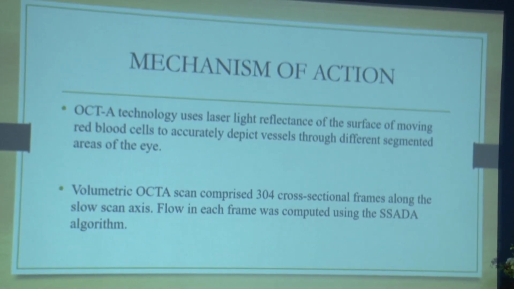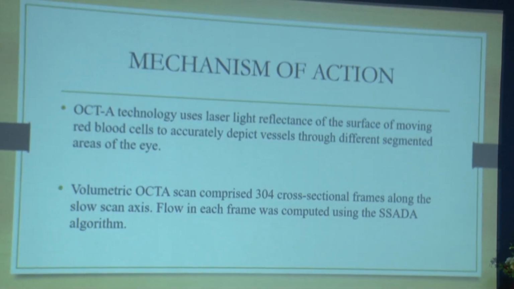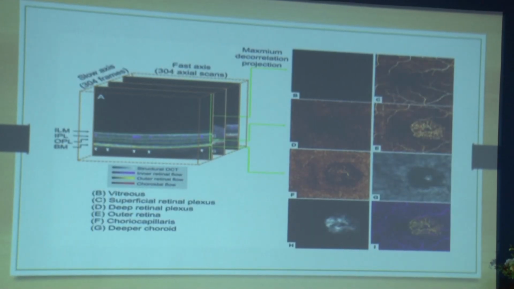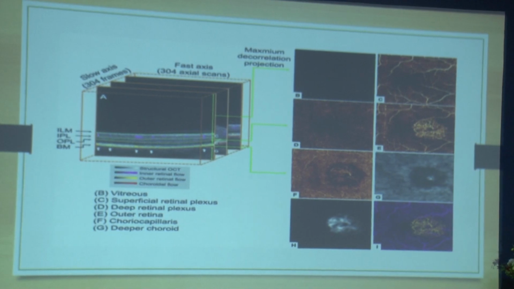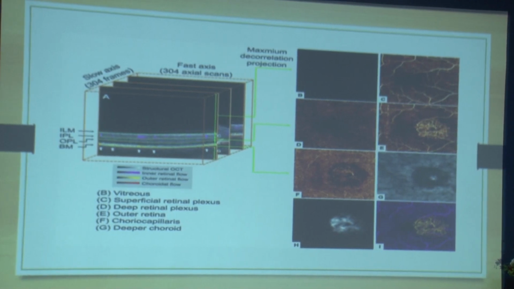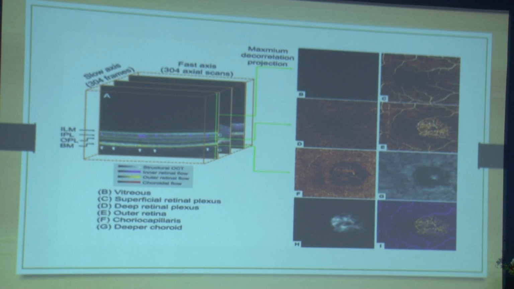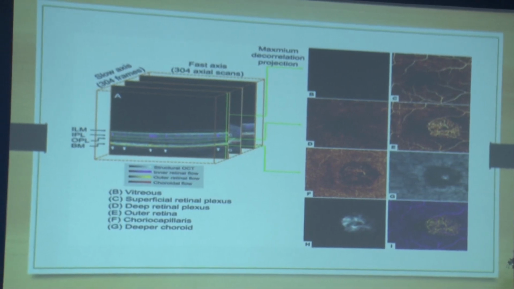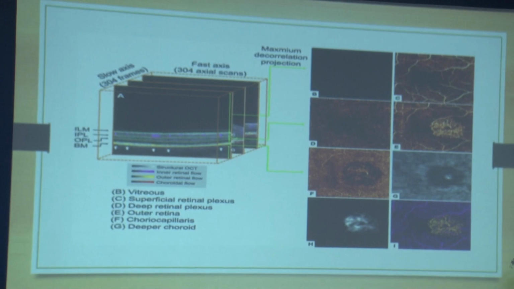That's how it depicts the blood vessels in the retina. So what it does, they take fast axial scans in the same location, and then slowly they take images in the same location. So that gives an en face image like the one on the left side.